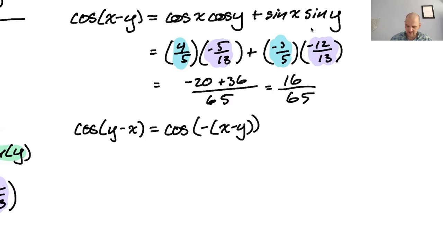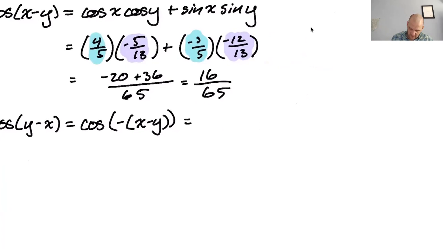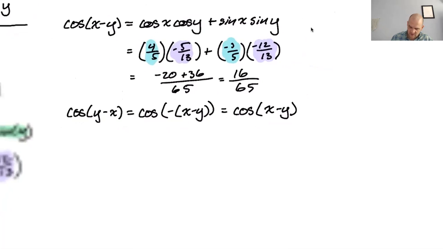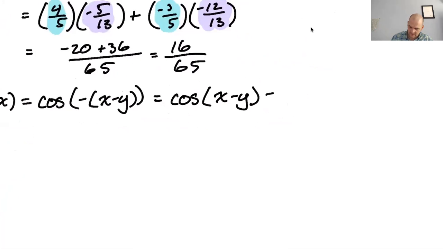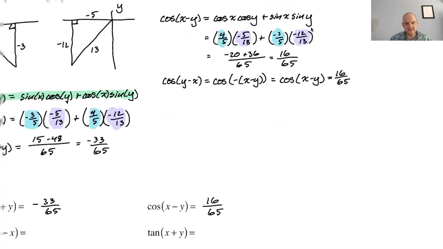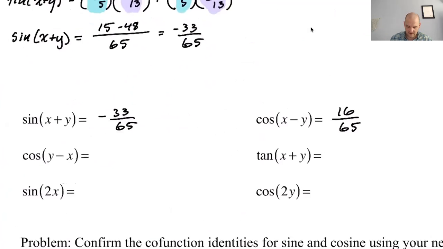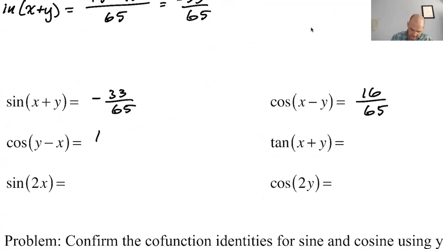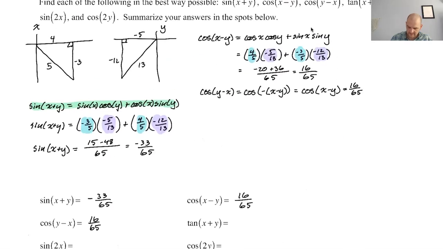Cosine's an even function, though, so this should be equal to the cosine of x minus y. Even functions kill that negative. So this should also be 16 over 65. What's good about this is that we could use our previous answer. What's bad about this is if our previous answer was wrong, we just guaranteed ourselves another wrong answer. But I'm feeling pretty good about it. We'll find out.